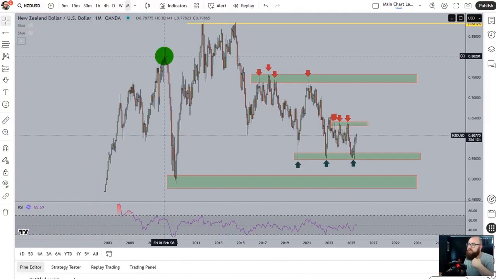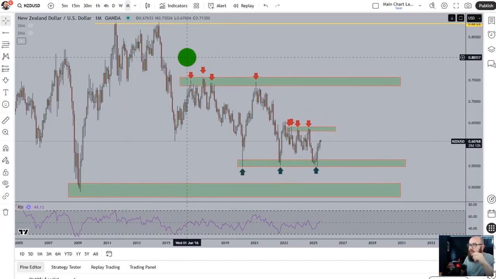Now I mentioned that horizontal support and resistance doesn't have to be based on price action. It can be based on psychological levels. It depends on which time frame you're using, but generally the big psychological levels are those with 000 at the end.